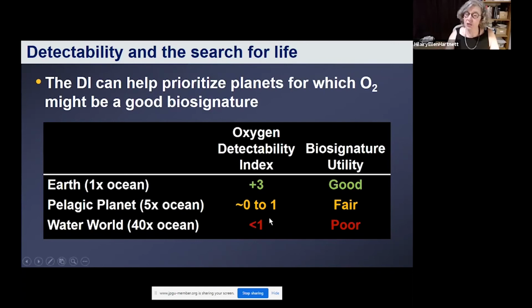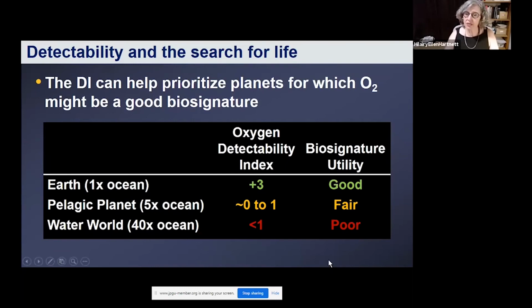Its detectability index was 0 or 1, and that means the biosignature is only fair. We won't be certain that oxygen is produced by life. It could be produced by an abiotic process. And on the water world with 40 times oceans, the detectability index is less than 1. Oxygen's a really poor biosignature.